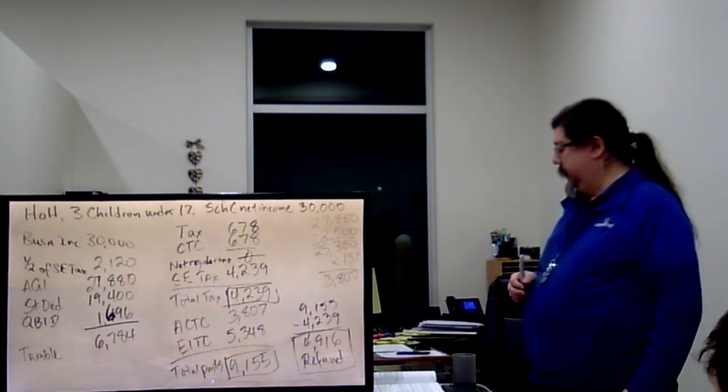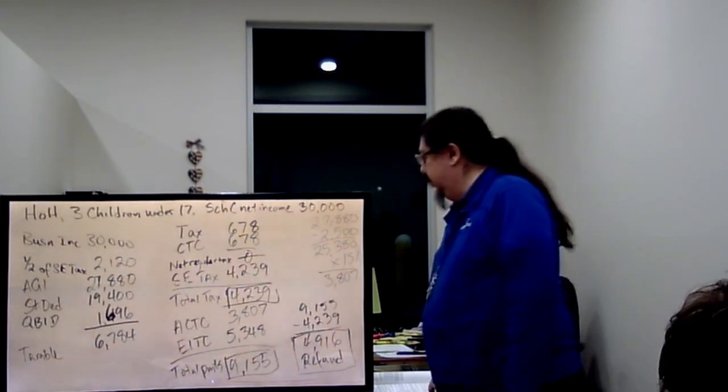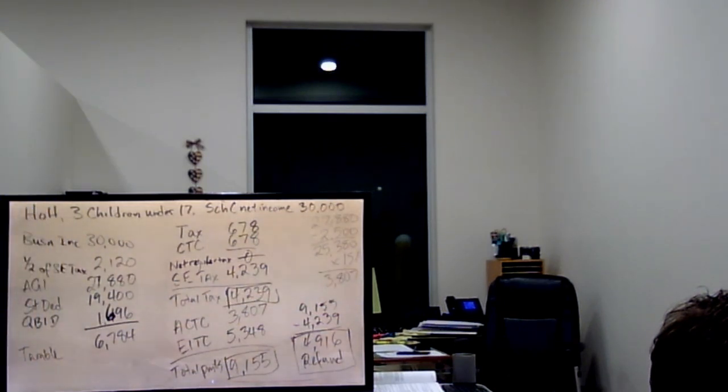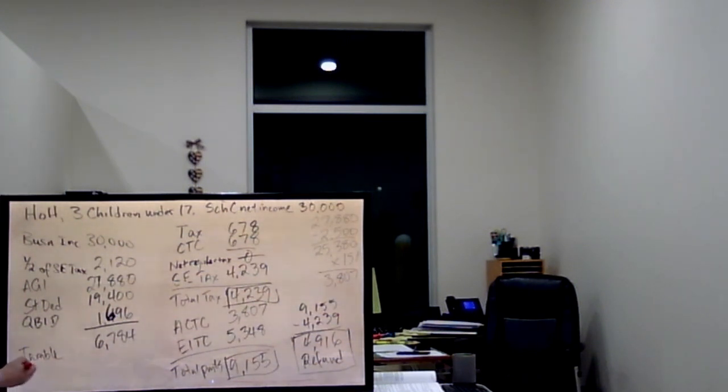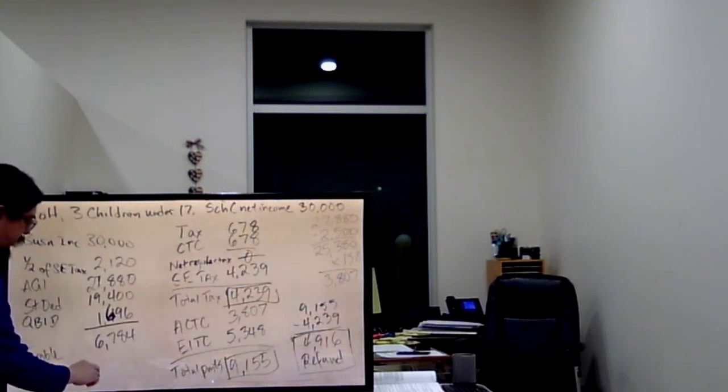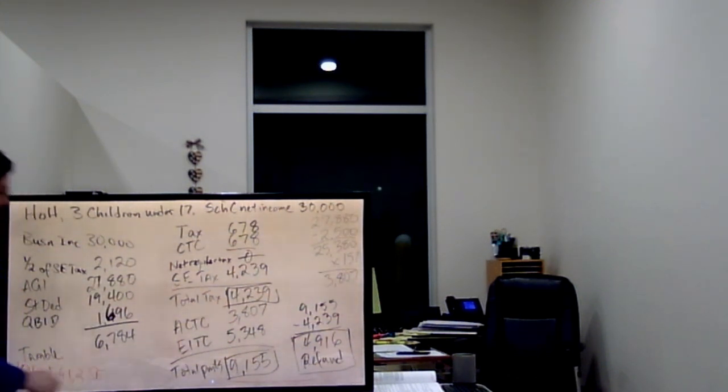Right. Okay. Yeah, and so this is basically the whole tax return, abbreviated, but what are the forms we're gonna need to file this tax return? 1040, Schedule 1, Schedule 2, and then the 1040 SE, the Schedule SE for self-employment tax.